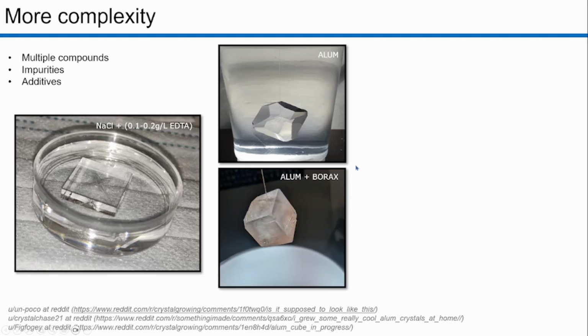There are also some examples in the community about coloring, so it's worth checking it out. For table salt, which is our primary source of sodium chloride, you have to remember that some food additives are added to it, and they might change your crystal shape and the results that you get as well.